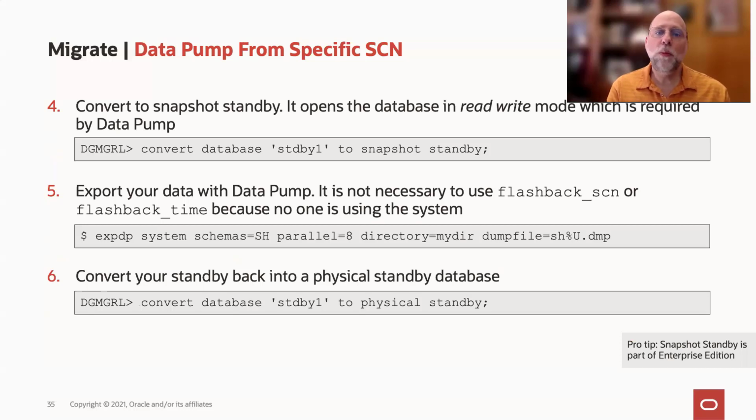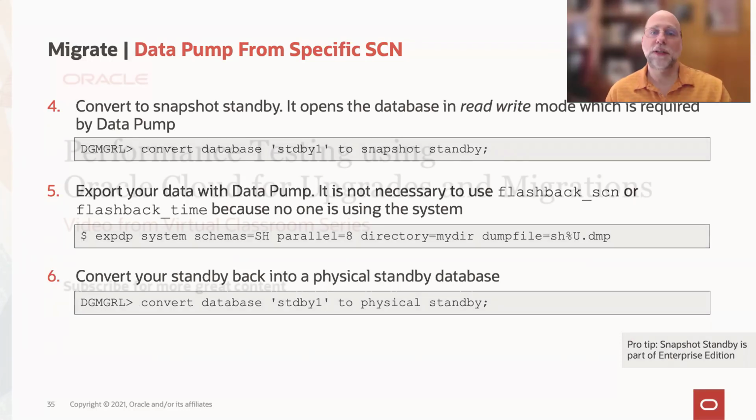Because nobody is using this database, we don't have to worry about flashback time or flashback SCN. We can just do an export. The database is fully quiesced. We're the only user there. We don't have to worry about people changing tables out from under us. We perform our export, and then we convert back to a physical standby, and it will catch up. So this makes Data Guard and snapshot standby a terrific tool for doing your testing and migrating from that standby for testing purposes.